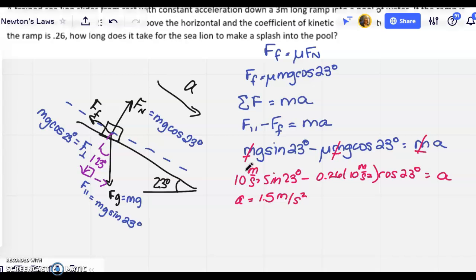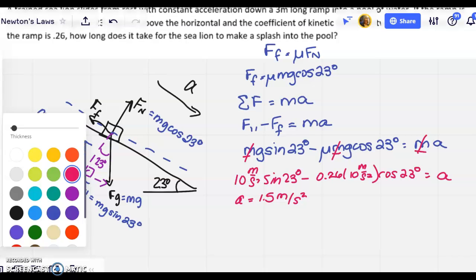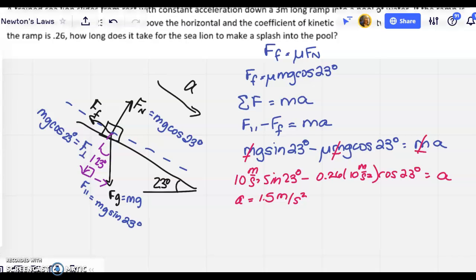But that isn't what the problem ultimately wanted you to find. It wanted you to find how long it was going to take him to splash into the pool. So let's go back to the original problem. We know that the sea lion starts from rest, and we know that the ramp is 3 meters long. We know the acceleration, and we're looking for time.